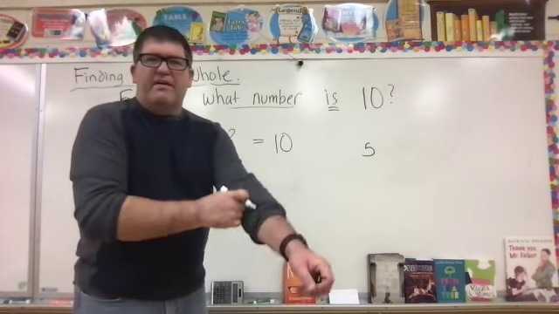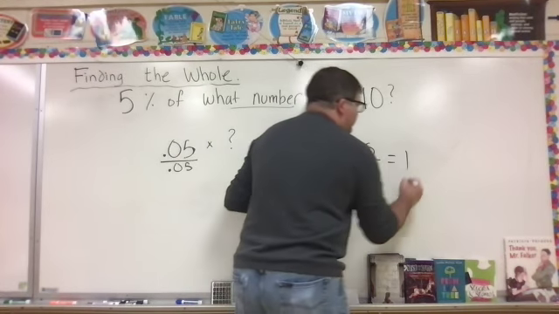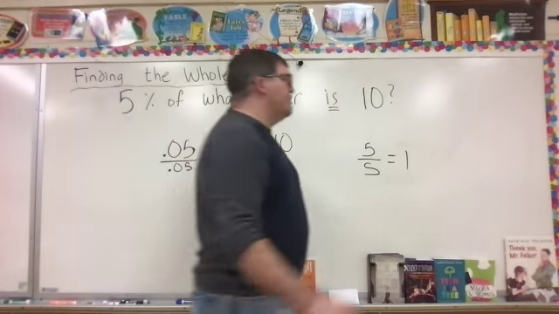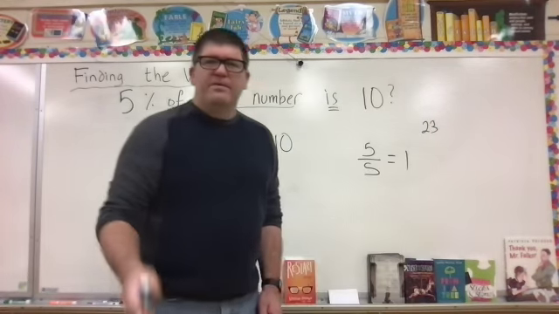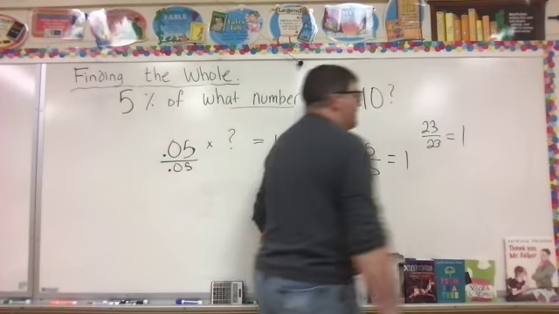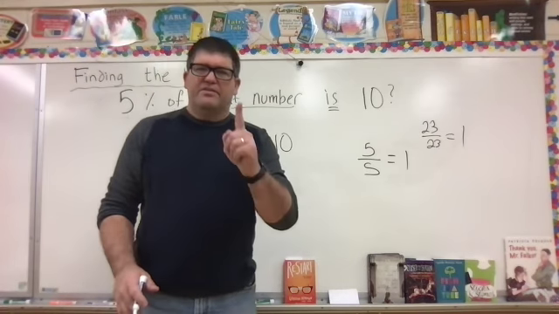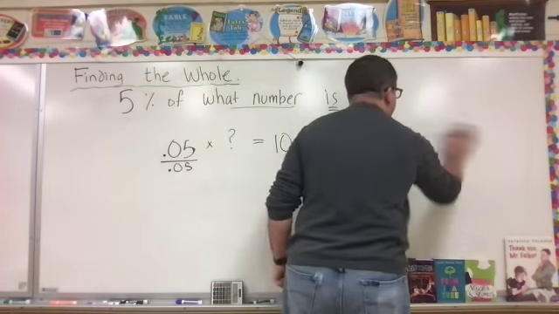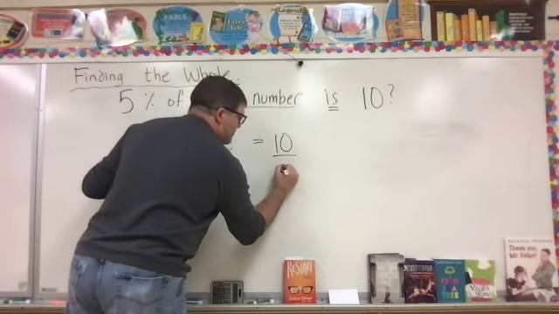If I want to get 5 to 1, divide 5 by 5 equals 1. I want to get 23 to a 1. 23 divided by 23, that equals 1. Any number divided by itself gets you to 1. So, I divide it by itself, but I got to do it on both sides.